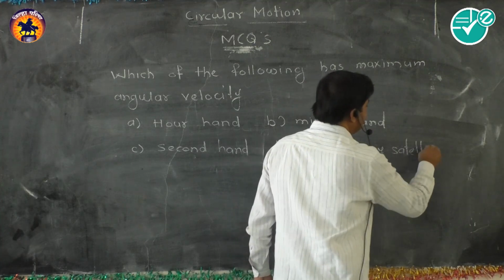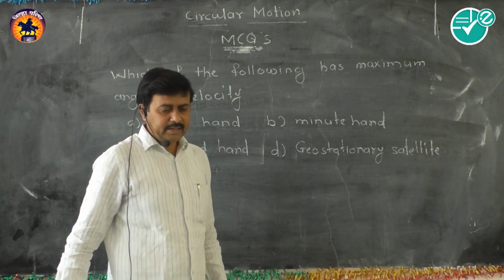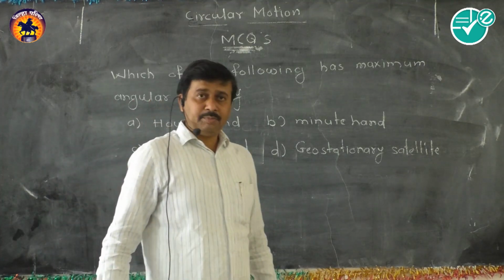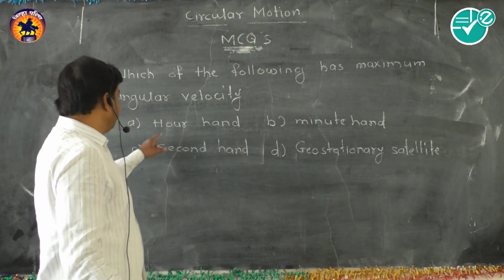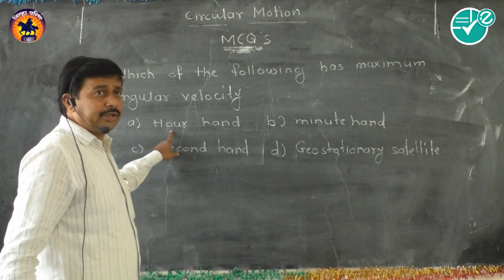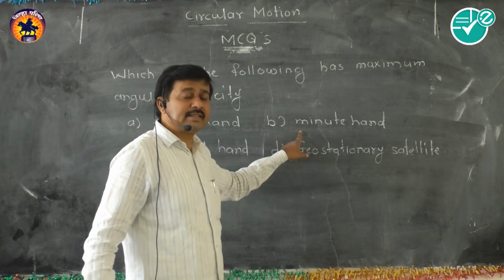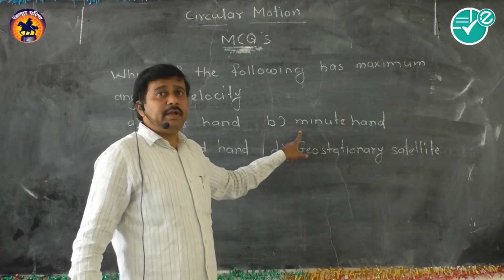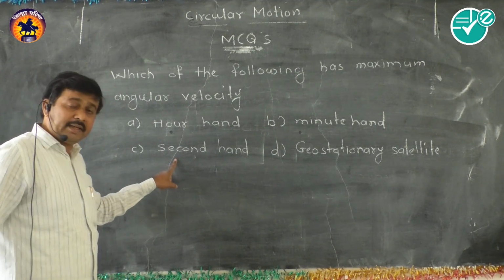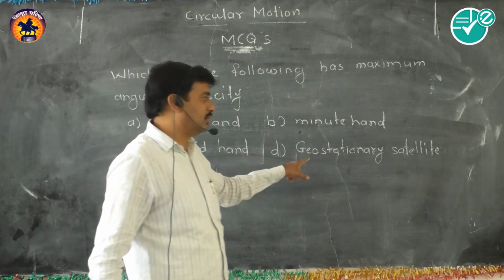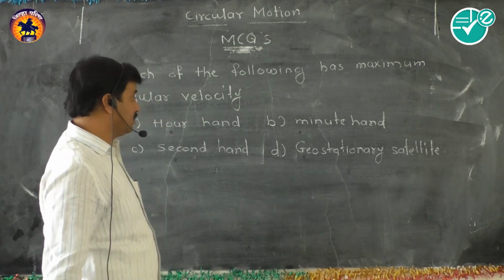All these are objects performing uniform circular motion, and we know that the periodic time of each is different. The hour hand takes 12 hours to complete one rotation. The minute hand takes 60 minutes to complete one rotation. The second hand takes 60 seconds to complete one revolution, and the geostationary satellite has the maximum time period among these, that is 24 hours.